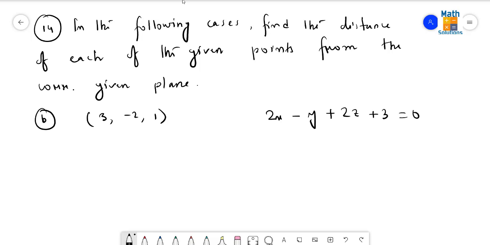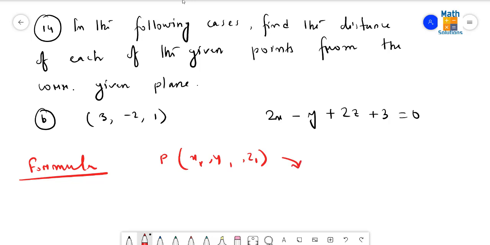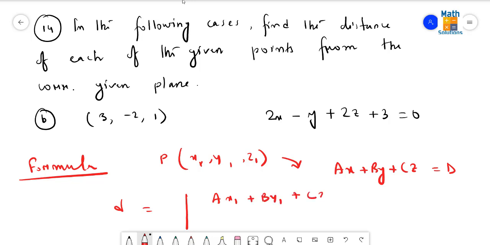We already know that, actually one formula I must give here. If any point x1, y1, z1 is there, and we are trying to find its distance from a plane, say ax plus by plus cz is equal to d, in that case the distance could be written like this: modulus of A x1 plus B y1 plus C z1 minus D, divided by square root of A square plus B square plus C square.